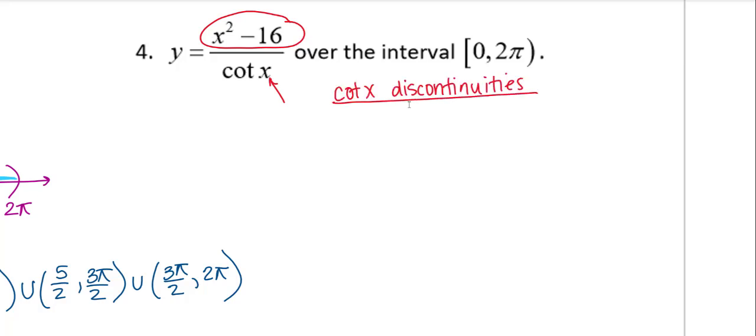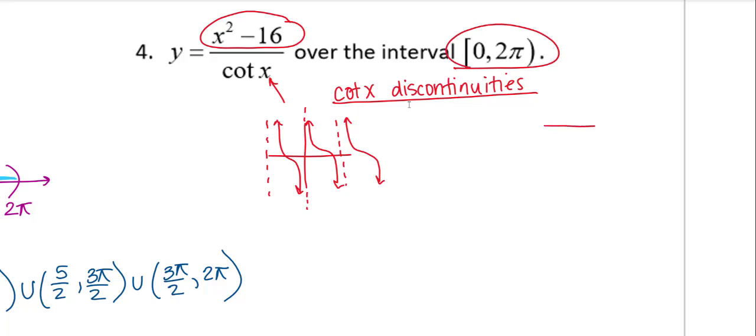So cotangent of x itself has its own discontinuities. As a graph, cotangent looks something like so, where it also has a period of pi. So all of those vertical asymptotes are pi apart. So the first one, so to speak, if we're looking in our closed interval from 0 to 2 pi, I'll draw that number line for us.